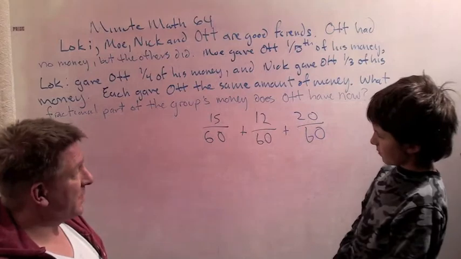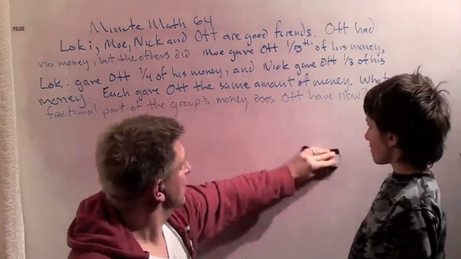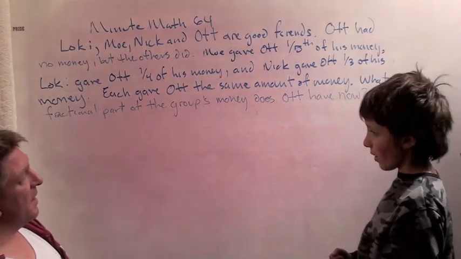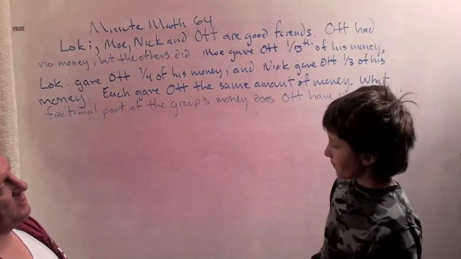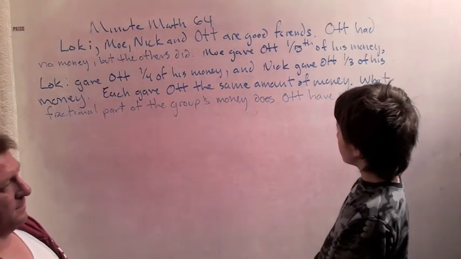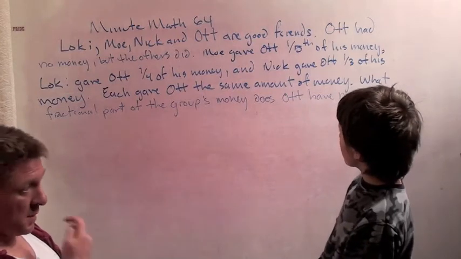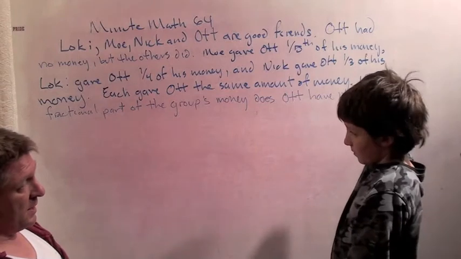But it does tell you something pretty sneaky. It tells us that each person gave Ott the same amount of money. How can we use that to help? We could say they start out with X, Y, and Z. Okay, that's going to make things complicated.